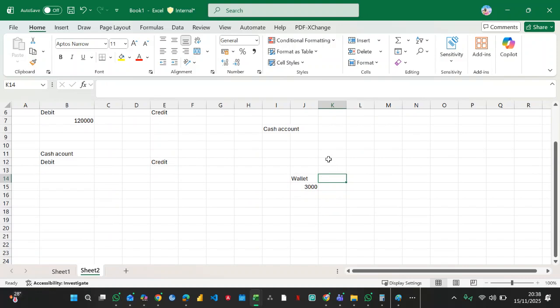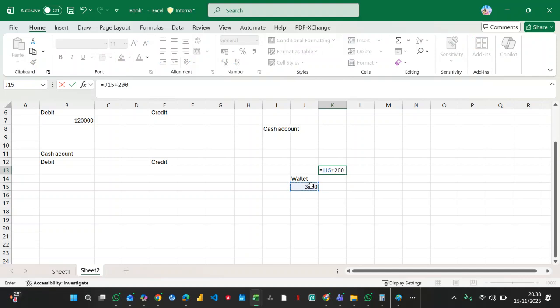Now when I spend money, my balance is going down. Do you understand? So this wallet is my cash account. Let's say I have 3,000 naira in my wallet and I've added 200 to it, so my balance is going up.